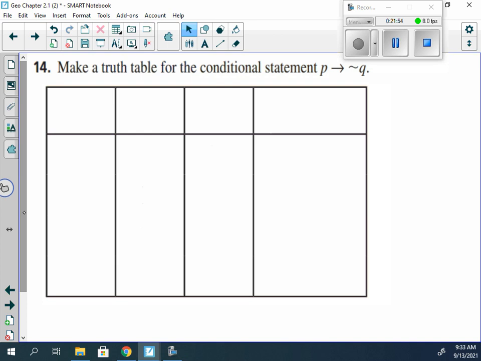We're going to do one of these together. We're going to make a truth table for P implies not Q. Okay.